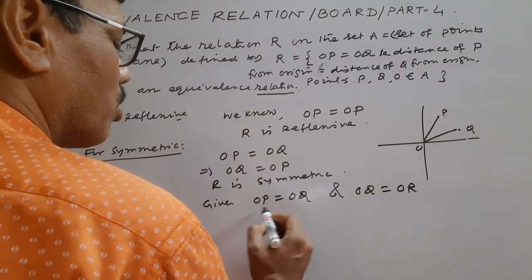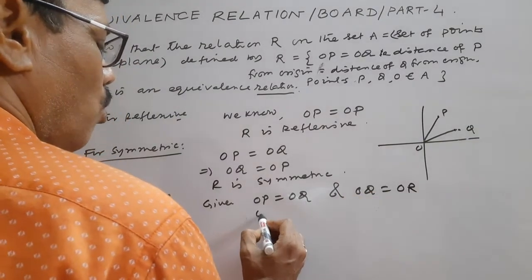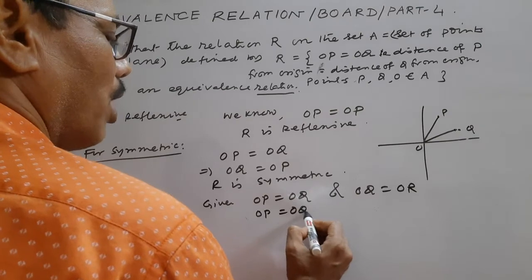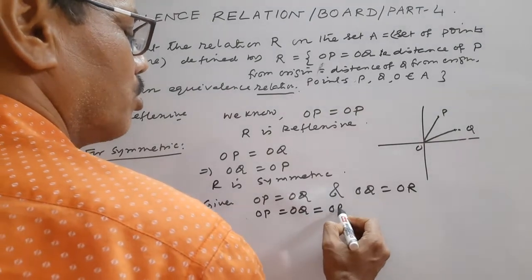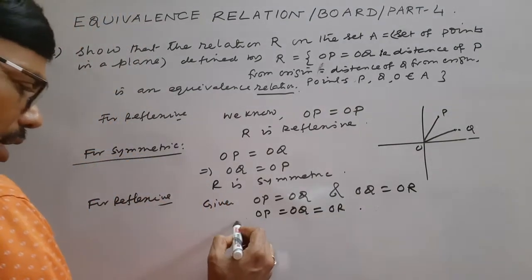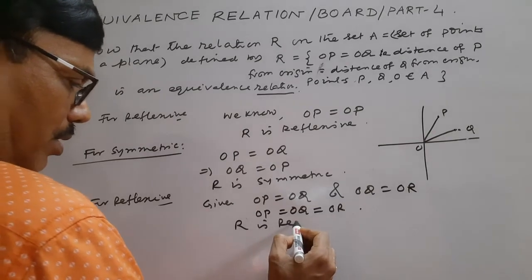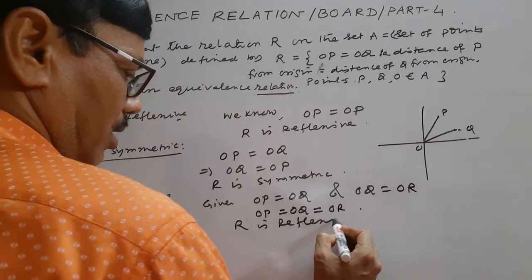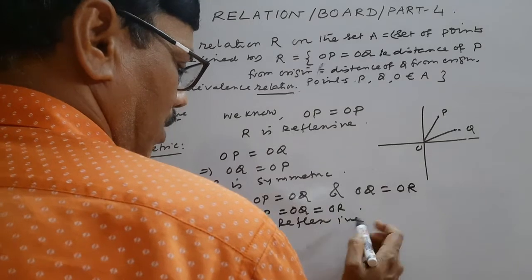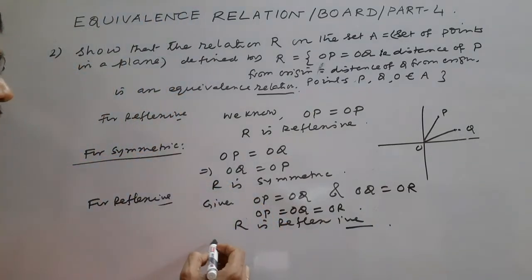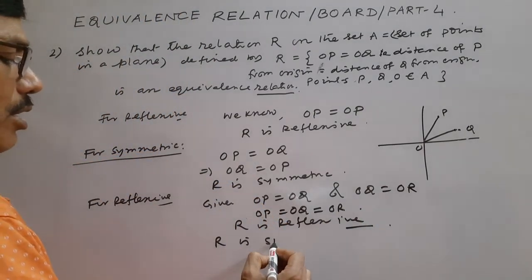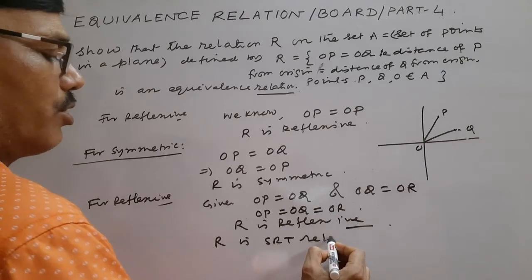So OP equals OQ, and what is OQ? OQ equals OR. So OP equals OR, and R is transitive. So R is a reflexive, symmetric, transitive relation. Hence it is an equivalence relation.